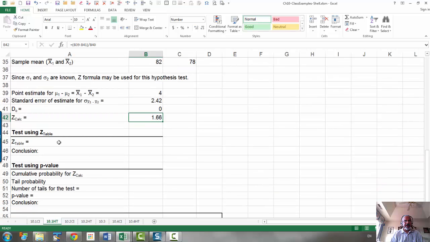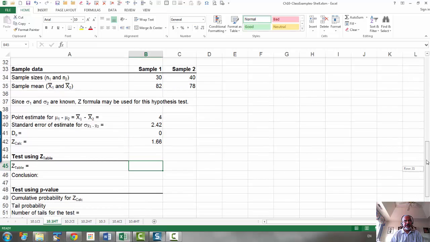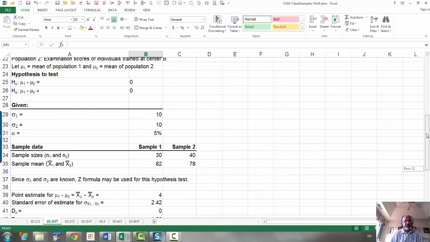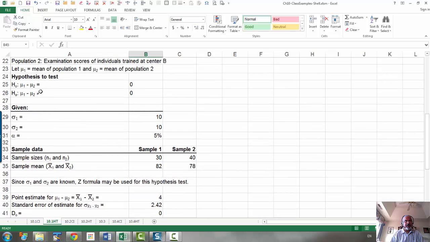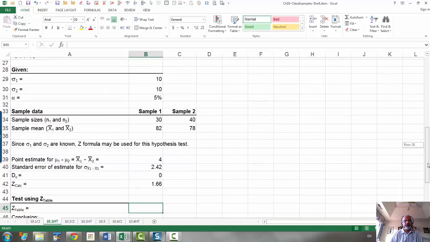Then we can do the test either by comparing z calc with the z table value, or by computing the p-value. So let's first do the test using the z table value. For the z table value, you need to look at the type of hypothesis, the alternative hypothesis, which is not equal to.